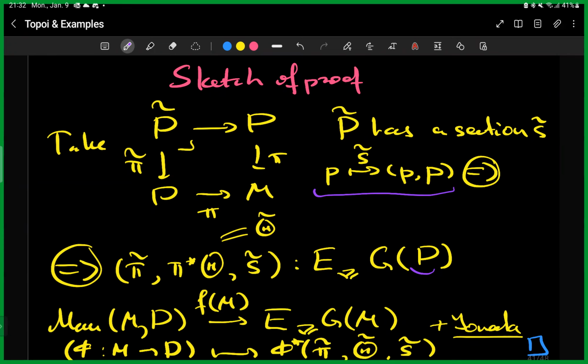Okay, and why does the diagonal lie in this P tilde? Oh yeah, well that's just by definition, because P tilde by definition is a pullback. Yeah, right. Of course, okay.